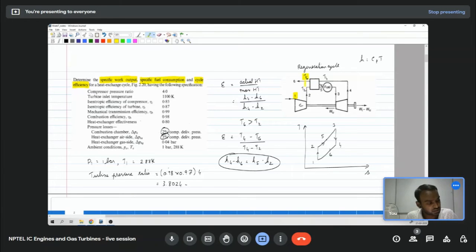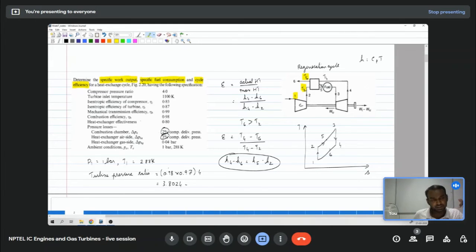So if T6 is equal to T2, then we will have the maximum heat transfer, and that goes into the denominator of the effectiveness. We also know that T6 is greater than T2. Then effectiveness is given by (T4 minus T6) over (T4 minus T2).